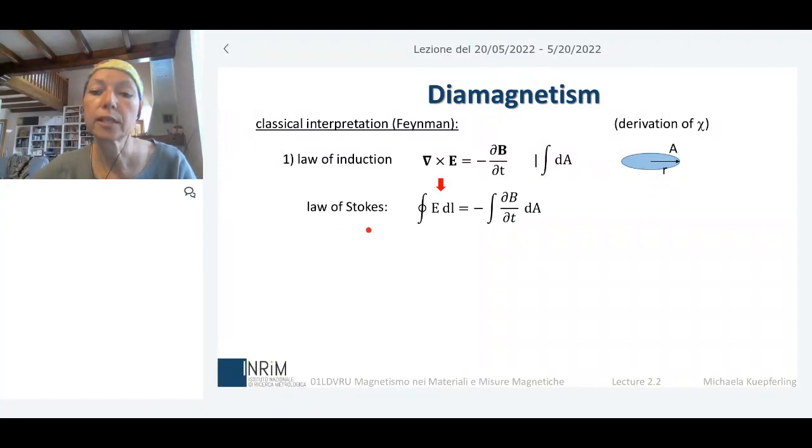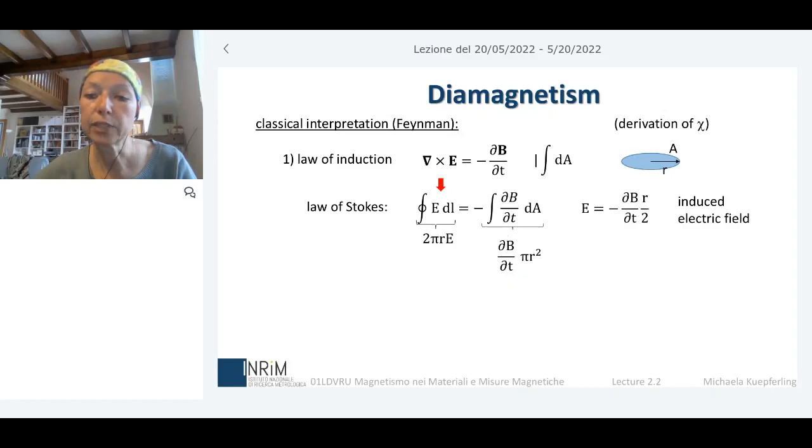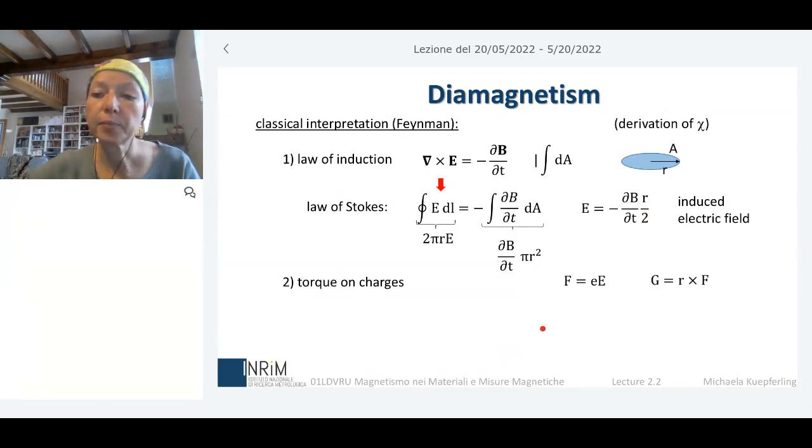By using Stokes' law, we can transform this rotor field into a line integral, and we get the proportionality between the electric field and our magnetic field change. So this is the induced electric field, induced by the magnetic field change. If we have the electric field, we will also have a Lorentz force, and then we have a torque on the charge.